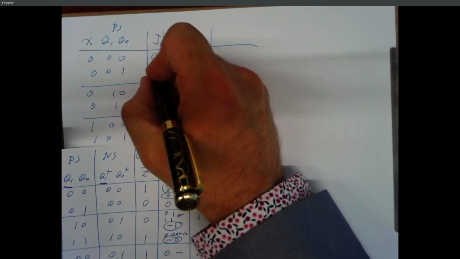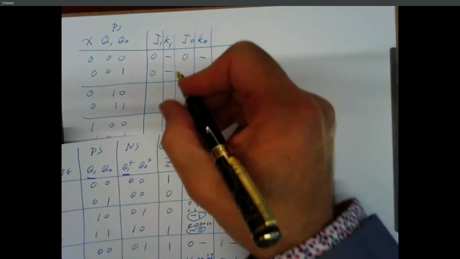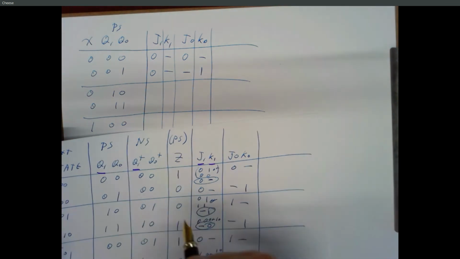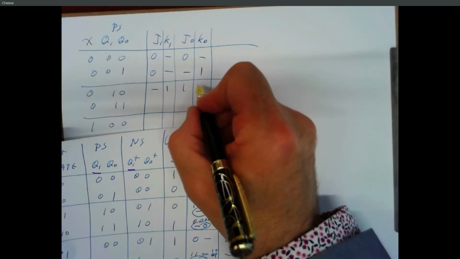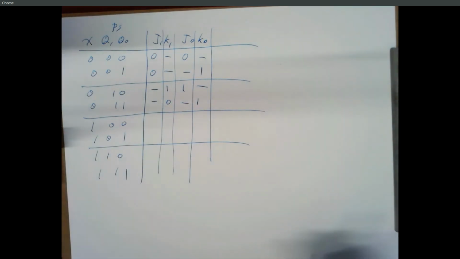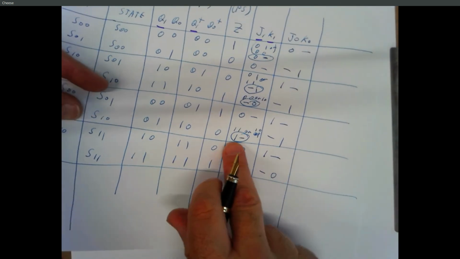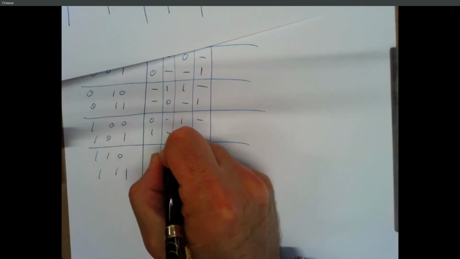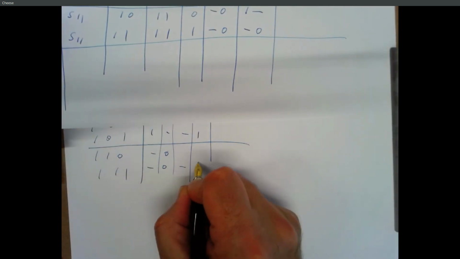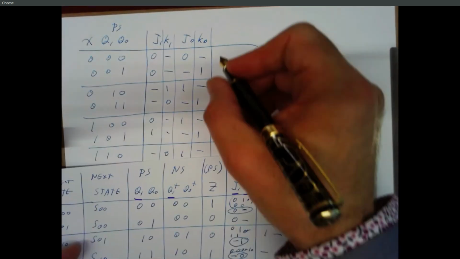And this looks like 0 dash 0 dash 0 dash dash 1 dash 1 1 dash dash 0 dash 1, and then 0 dash 1 dash 1 dash dash 1, and then dash 0 dash 0 dash 0 and 1 dash, and then we also want our output Z.